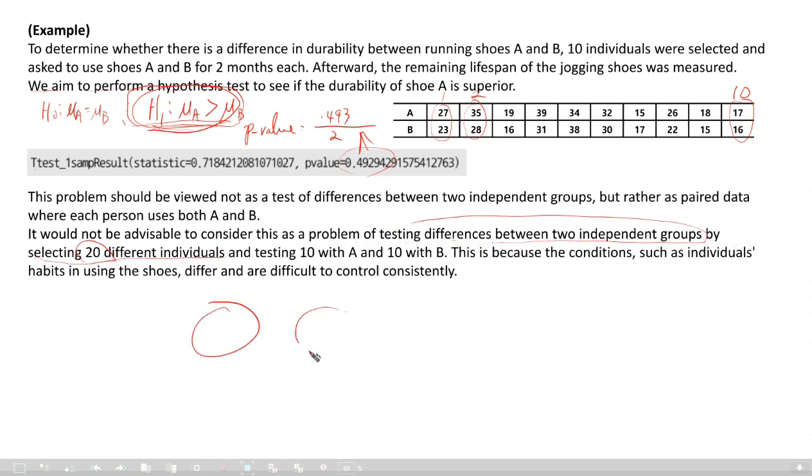We need 20 persons: sample size 10 from A, sample size 10 from B. But here we test 10 persons with A and with B. This is because the conditions, such as individuals' behavior habits in using shoes, differ and are difficult to control consistently. We cannot control the individual's lifetime or habit, that kind of thing. So this is a typical paired data problem.